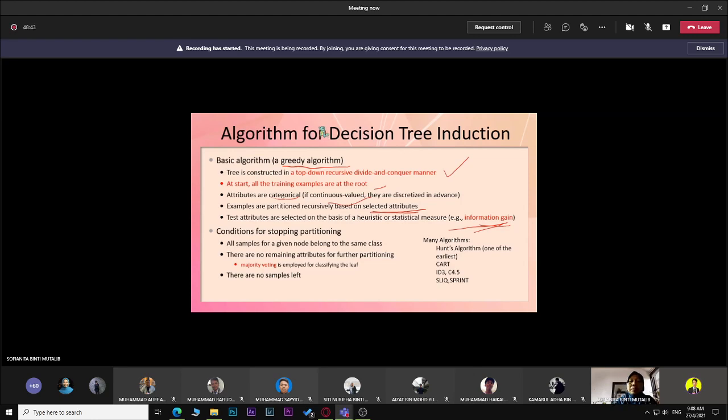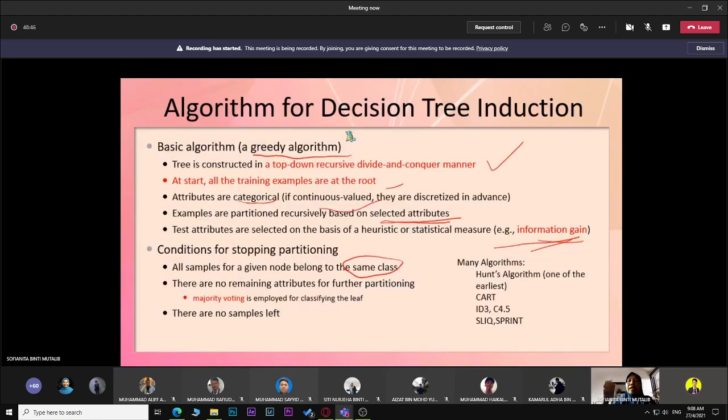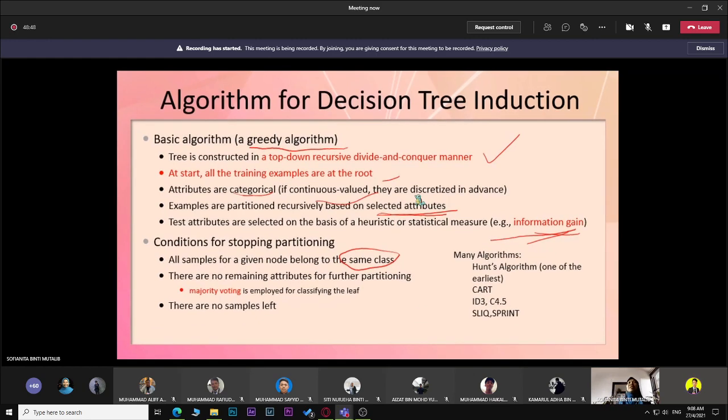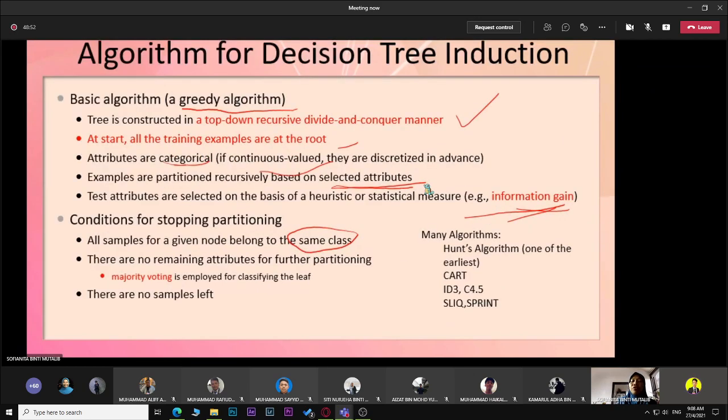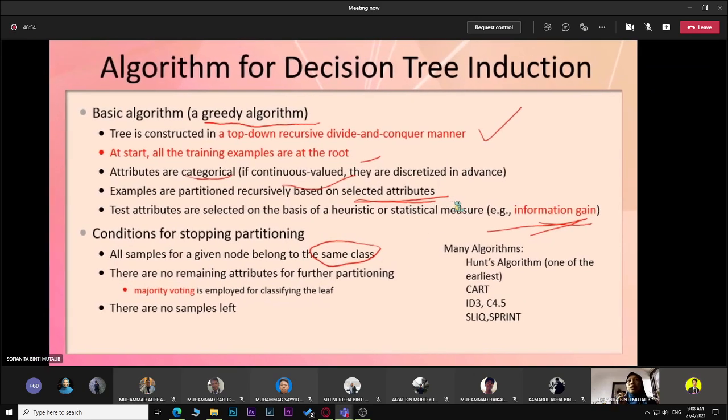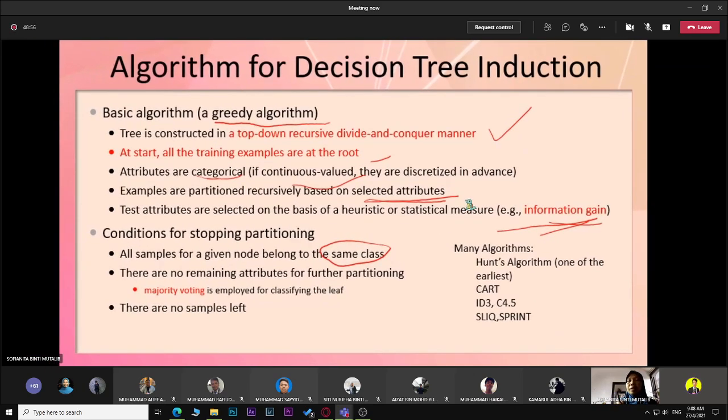When will it terminate the process? If you understand the concept, the first condition is that if all samples belong to the same class, it will terminate the process and end the node with the label.